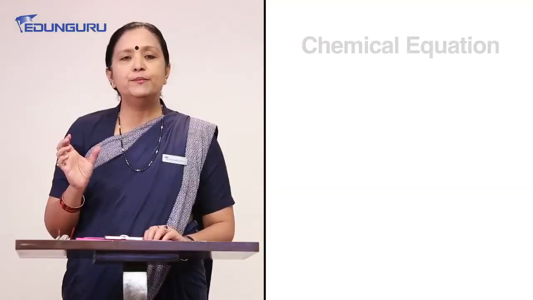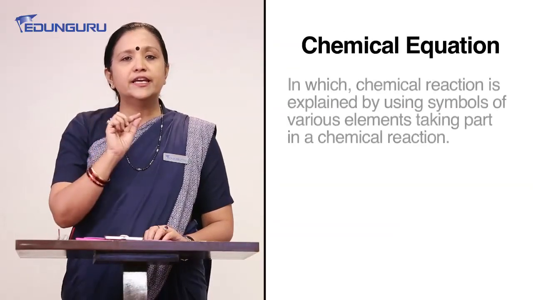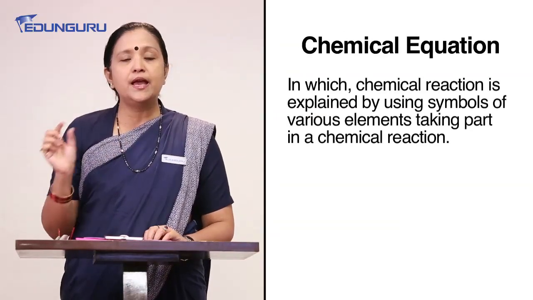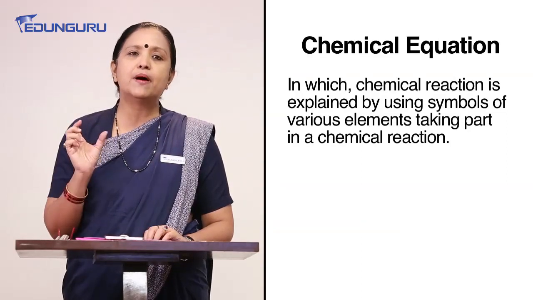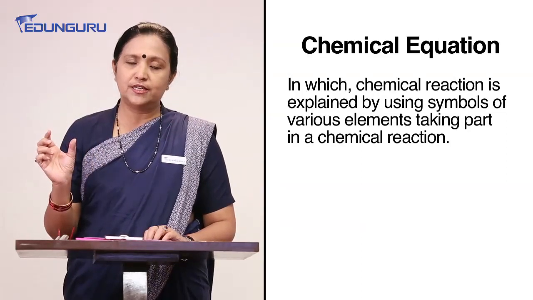Let us now move on to another interesting part. When we explain a chemical reaction in a language form, in a written sentence, it becomes very long and confusing. So to shorten that, there is a concept of chemical equation, where the chemical reaction is explained by using the symbols of various elements taking part in a chemical reaction.